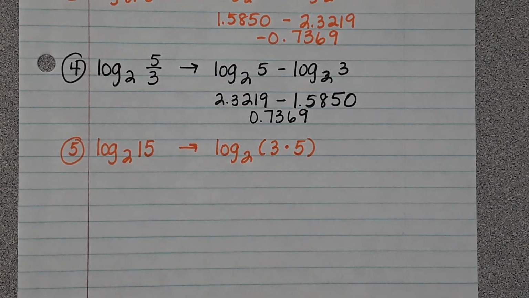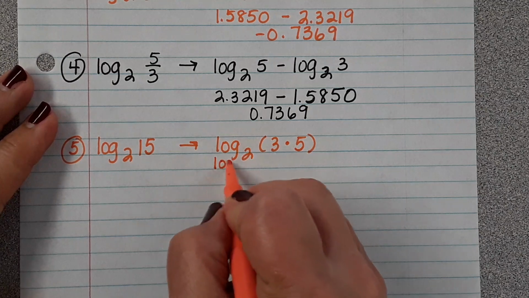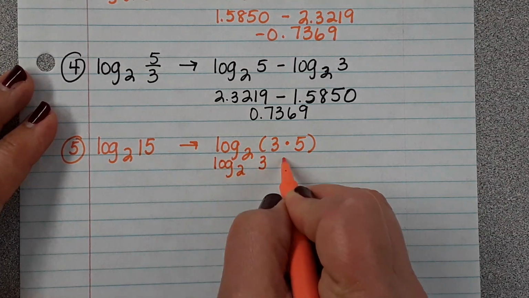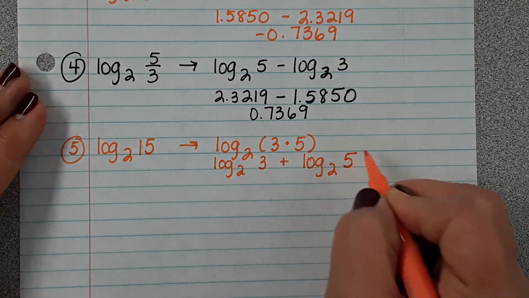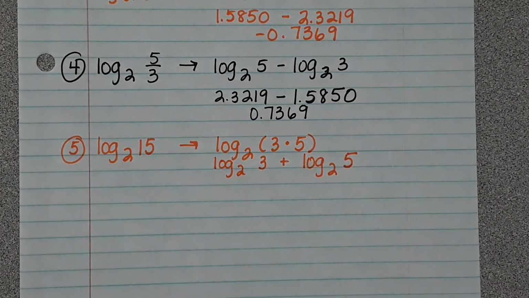Now, we learned the product rule. The product rule says if you have a multiplication problem, you can rewrite it as an addition. So log base 2 of 3 plus log base 2 of 5. And you know what I'm going to ask you, right? Every time you do a problem, I want you to ask yourself, is this something that she would expect me to know, or is it something that she gave me?